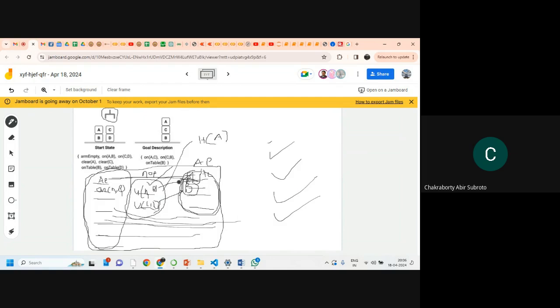This will also affect the arm: the arm will not be empty. So we can make a dotted line here. Then holding A and arm empty are both mutex, because you can't hold A and have an empty arm simultaneously.